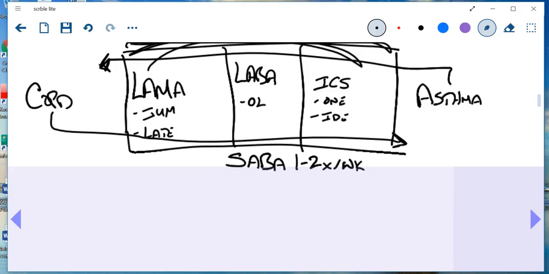Also keep in mind that you do have your antihistamines, your inhaled nasal corticosteroids, and your leukotriene modifiers such as Singulair and Montelukast that we often use in the setting of asthma and occasionally in COPD, but primarily in asthma.